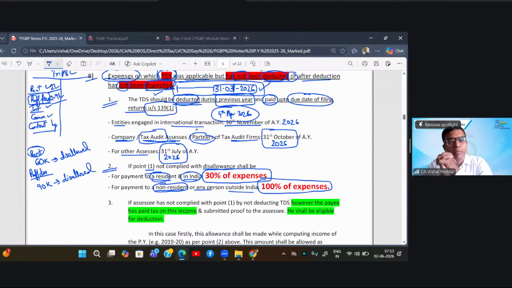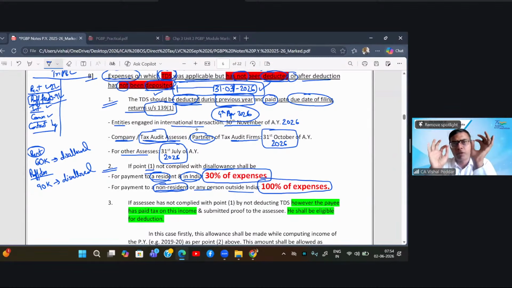So if your payment is to a non-resident person, or if you are making the payment by sending the money outside India, then if this condition of TDS deduction and deposit is not satisfied by you, I will disallow your entire expense. But if the payment is made to a person in India who is a resident of India and the payment is to be made in India, I will disallow 30% of the expense.